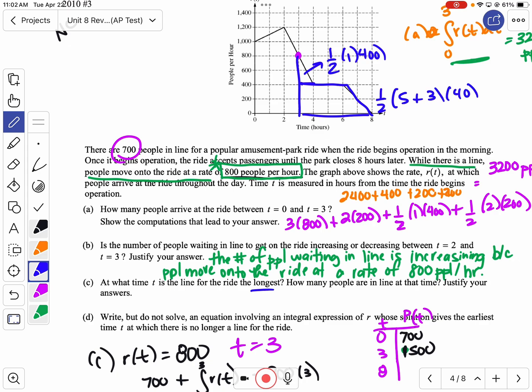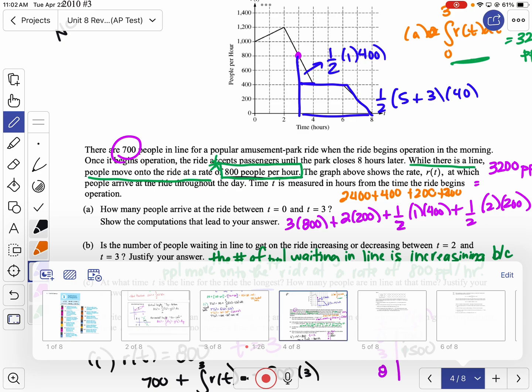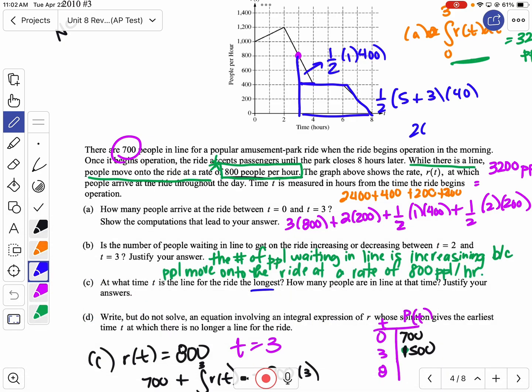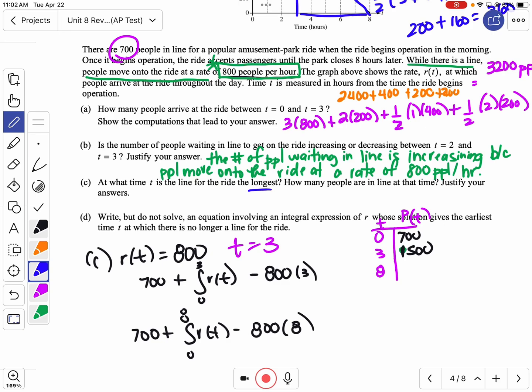So that's going to give me 200 plus 20 times 8, 160, which would be 360.